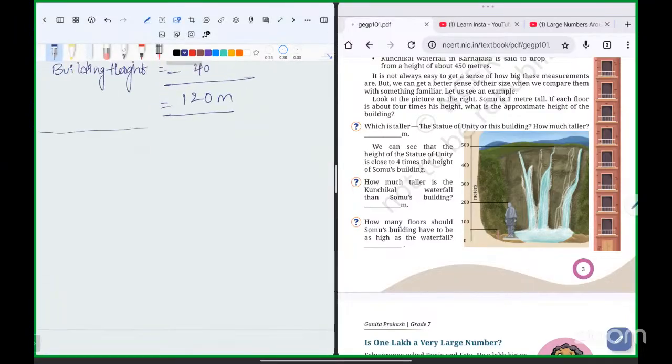So let us look at the next question in the figure it out. How much taller is the Kunchikal waterfall than Somo's building? Let us take the question.